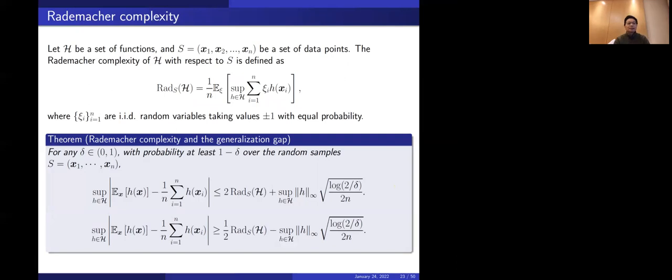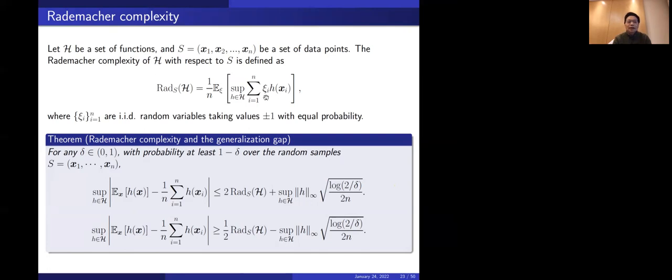One of the ways to do this is through the notion of Rademacher complexity. Rademacher complexity is defined with respect to a set of functions. Let H be a set of functions, and S is our training data set. The Rademacher complexity of H is defined to be the ability to approximate noise using the functions in that set of functions.